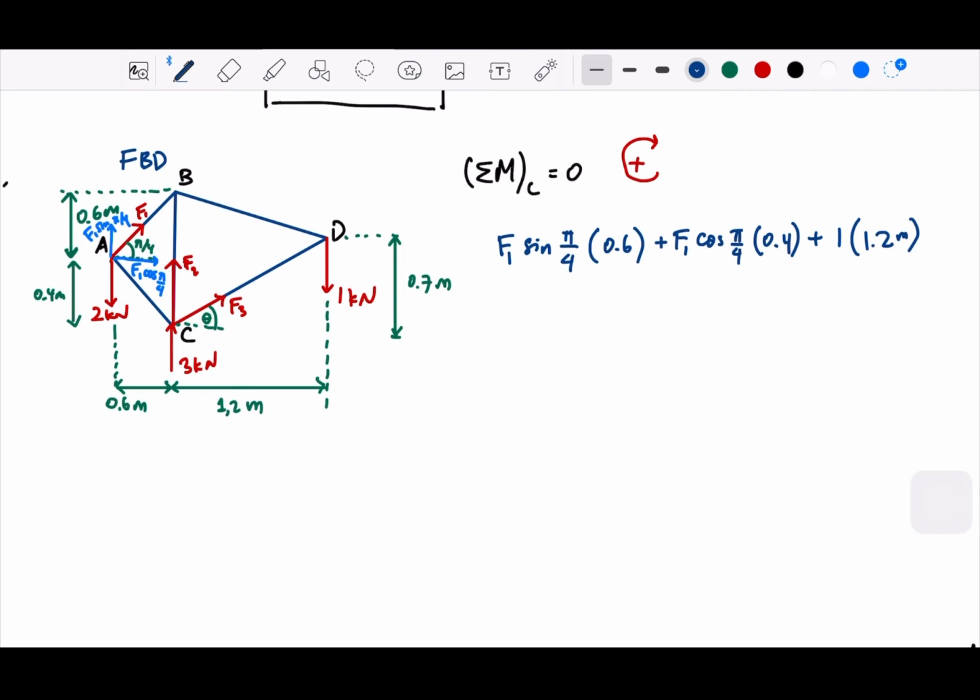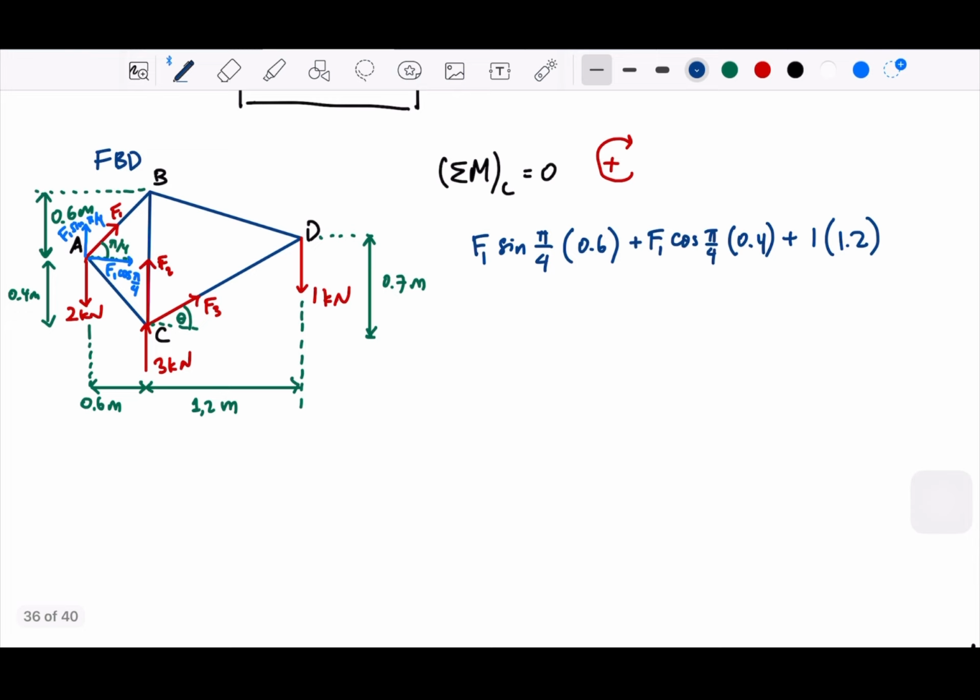Okay, what else do we have? Okay, I think we could calculate the F1, right? Oh, I forgot the, oh, no need to take that, sorry. We are going to evaluate internal force, only the AC.